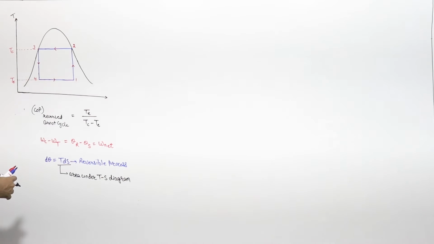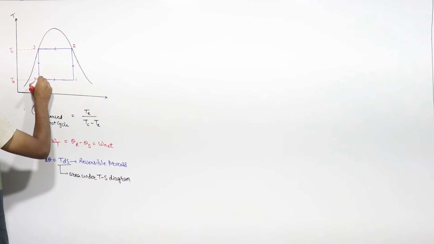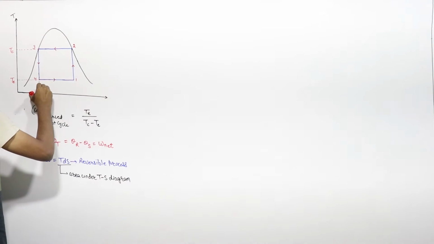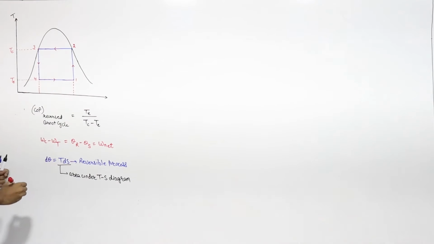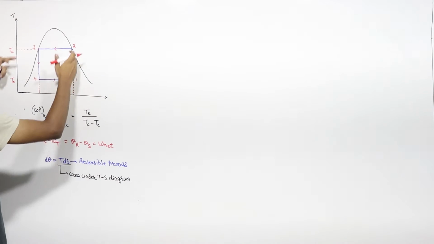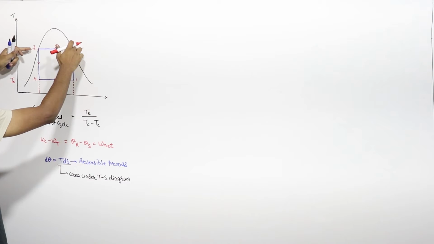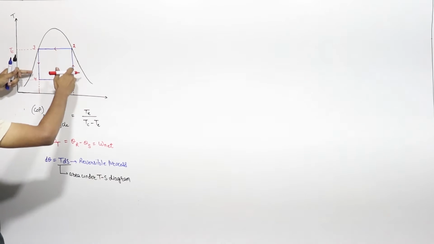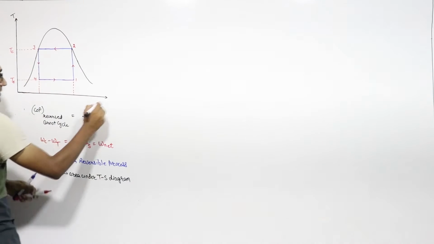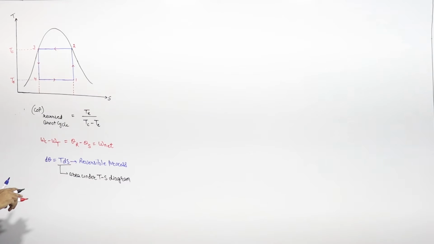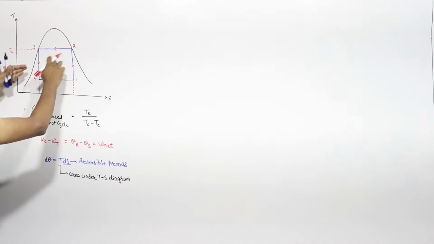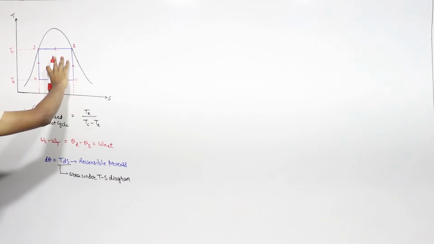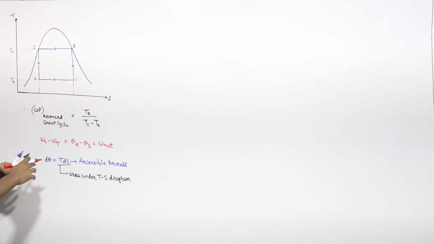So if I extend it, let us say like this, the heat rejection will be the area under this 2-3 curve, when it is projected on the entropy axis. This complete area is the heat rejected, right?